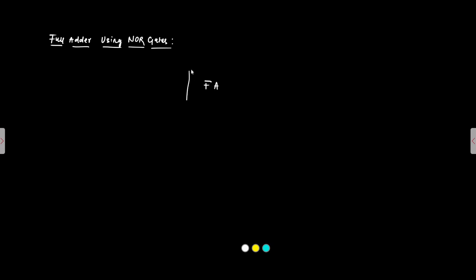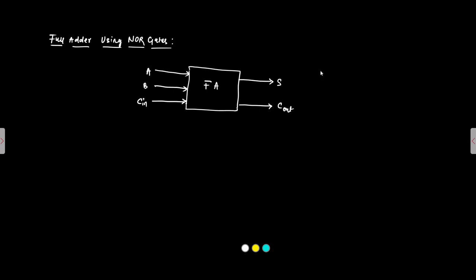So before that, first the block diagram of full adder. Three inputs: the two bits to be added, A and B, and the input carry. The two outputs, sum and carry out.